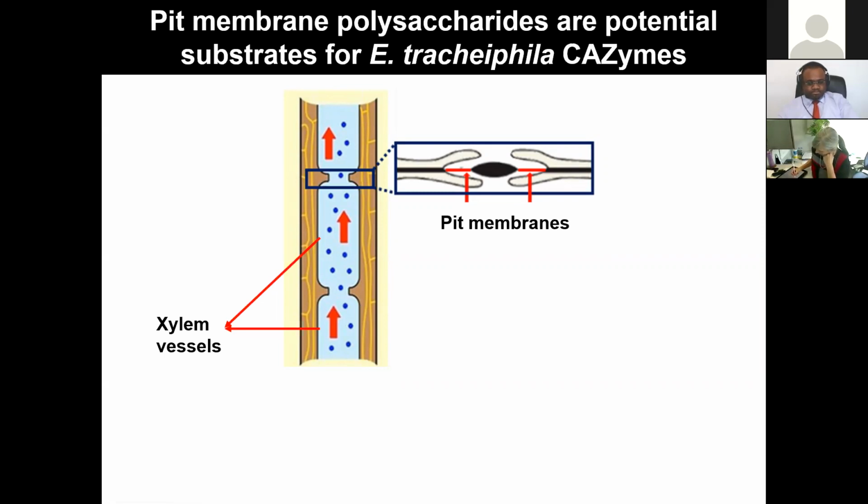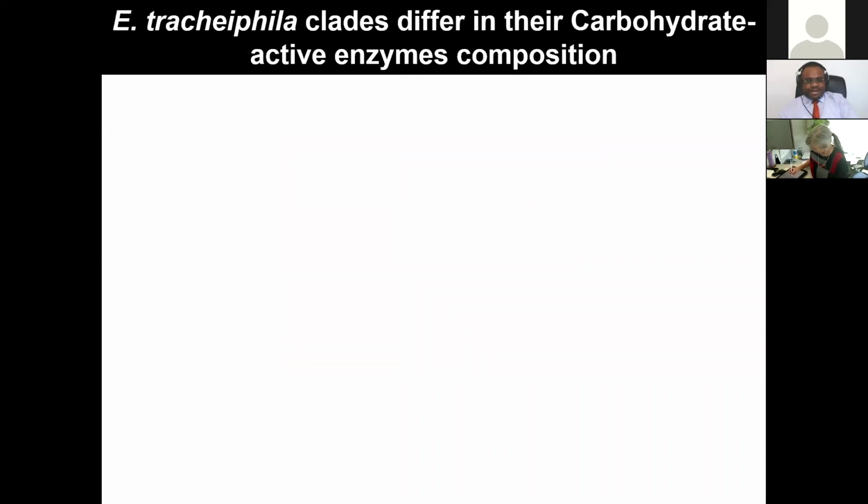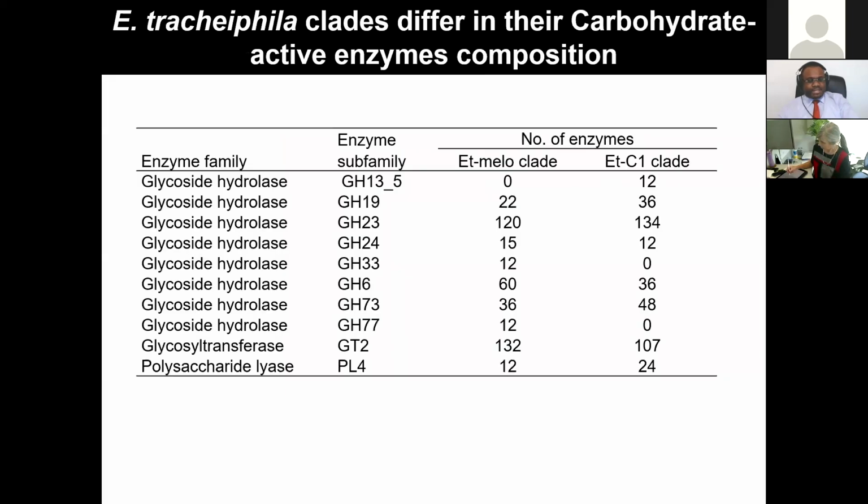So let's see, what do we do with this? Most of the differences we found between these two clades were within the glycoside hydrolase family of enzymes, and the most important of these glycoside hydrolases is GH6.